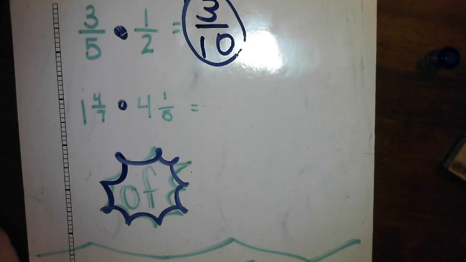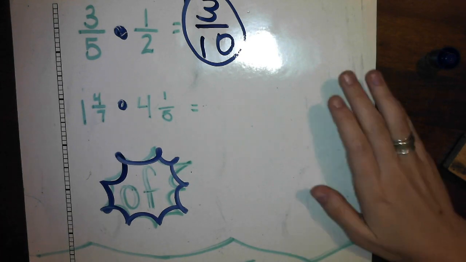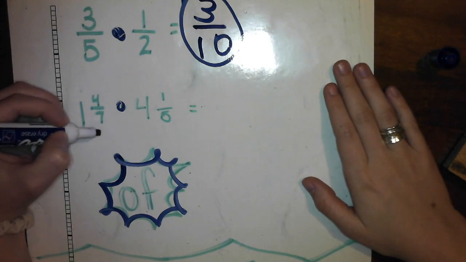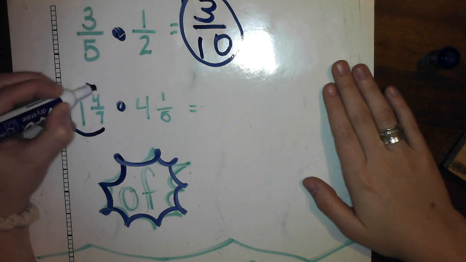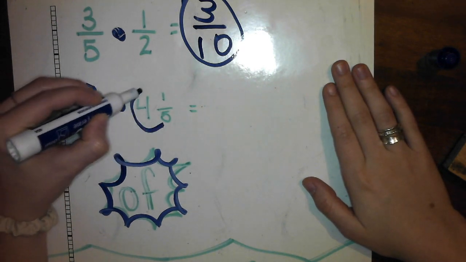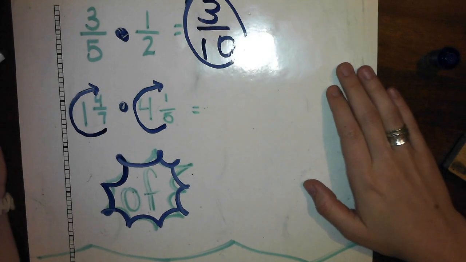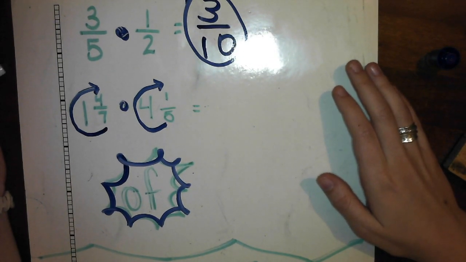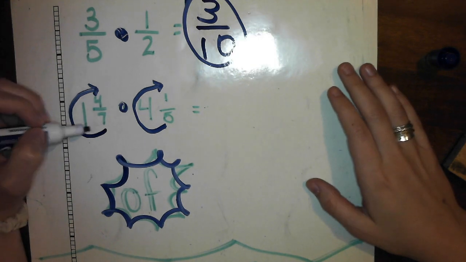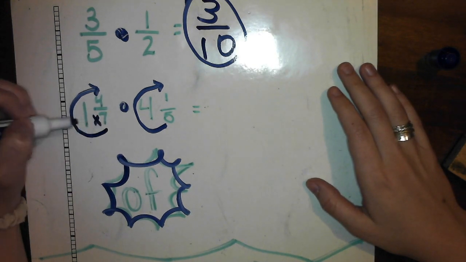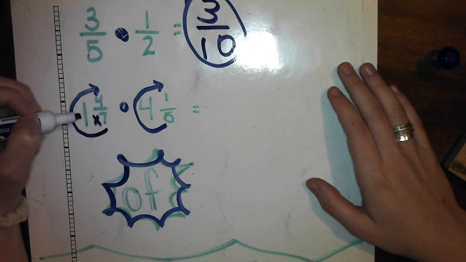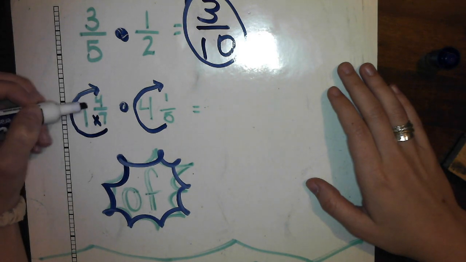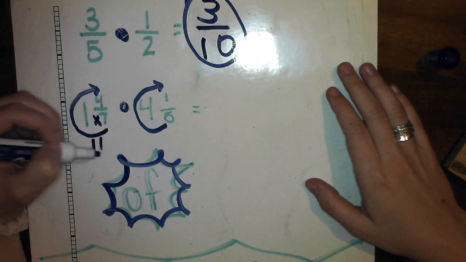In order to multiply, you have to multiply them as one fraction each. These are mixed numbers, so we need to turn them into improper fractions. The quick way to do that, in order to figure out how many parts there are, you go around your fraction. 7 times 1 is 7, plus 4 is 11.